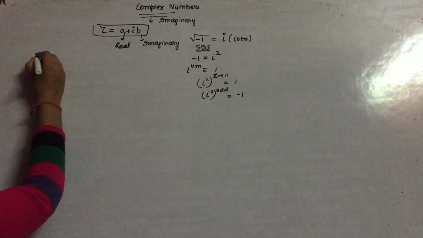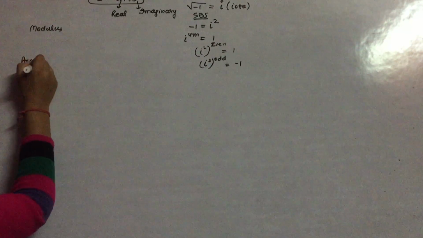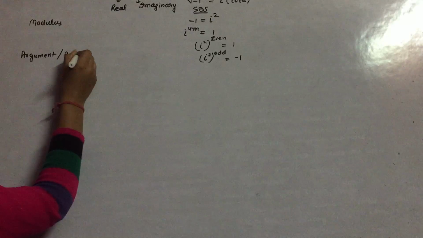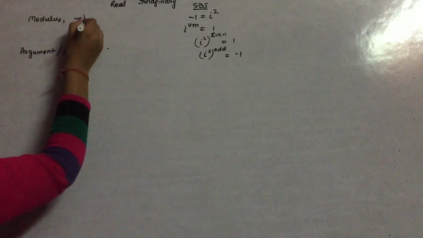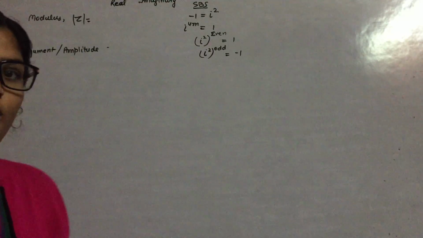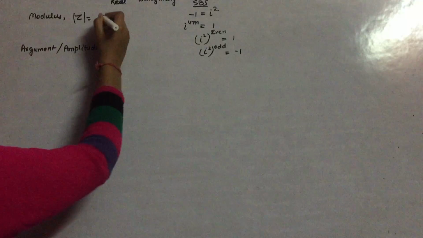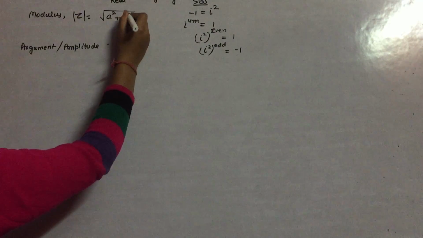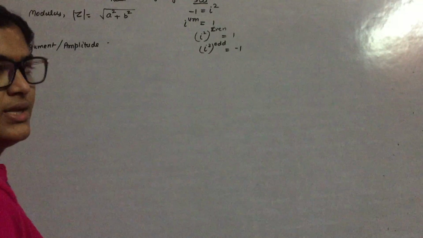Now let's see, there are two terms, modulus and argument. Argument is also known as amplitude. So the modulus of any complex number of the form a plus iota b is given by the square root of the square of the real part added to the square of the imaginary part.